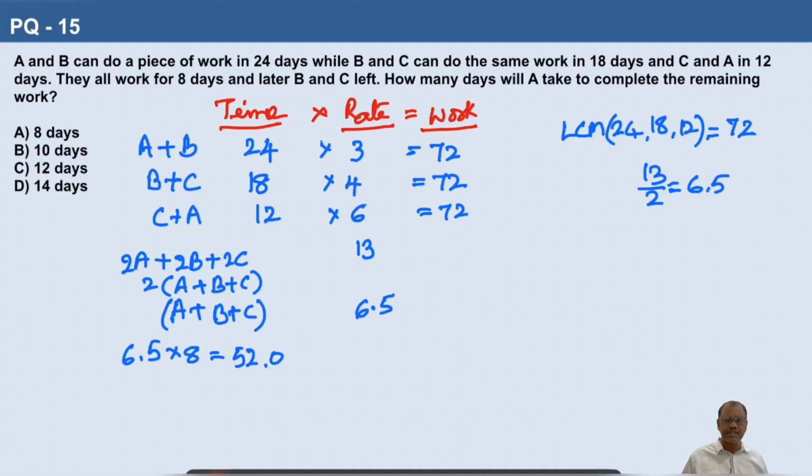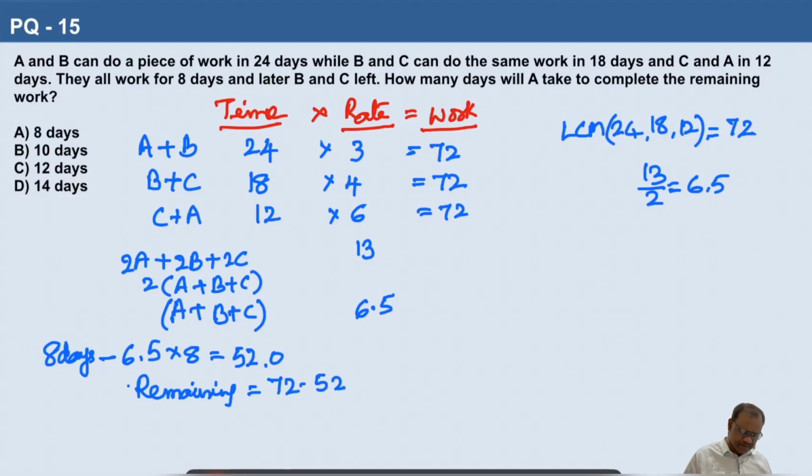So 52 units of work is completed in 8 days. So what is the remaining work? The remaining work is 72 minus 52, that is 20 units.